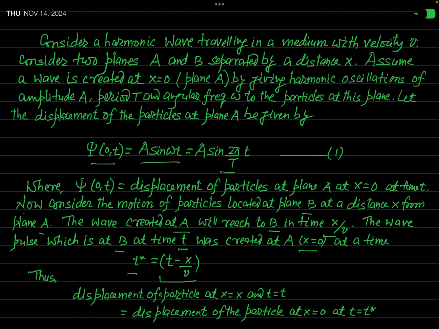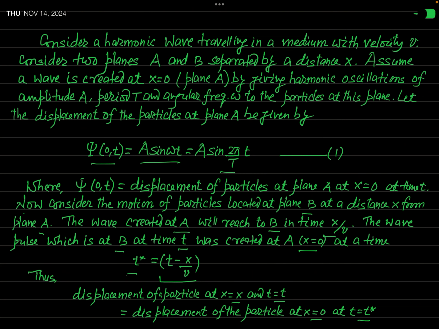Since the medium is isotropic and homogeneous, the shape of the pulse will also not get distorted, and therefore the displacement of a particle at position x and time t must be equal to the displacement of the particle at position x equal to 0 but time t star, which is actually t minus x by v.